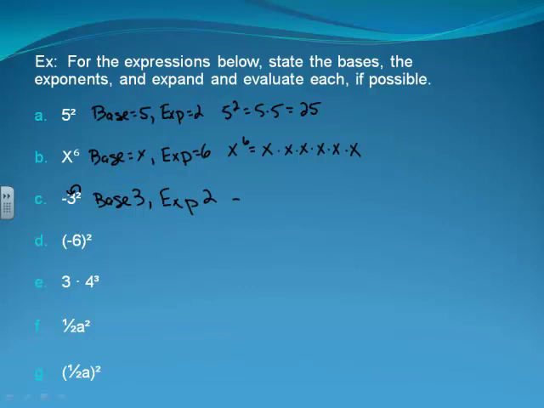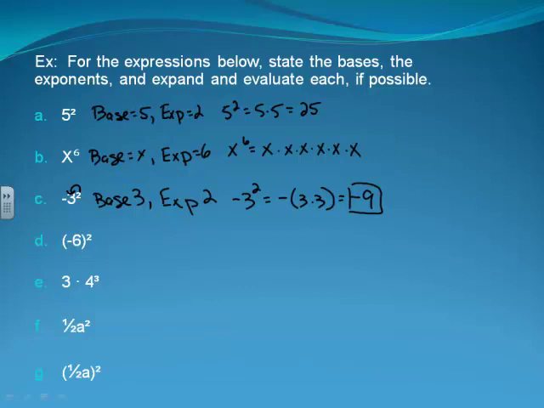And so negative 3 squared is negative of 3 times 3. The exponent only applies to the 3. So do that first, because exponents come before the negative in this case. So you've got negative 3 times 3 is 9, and your final simplified answer is negative 9.